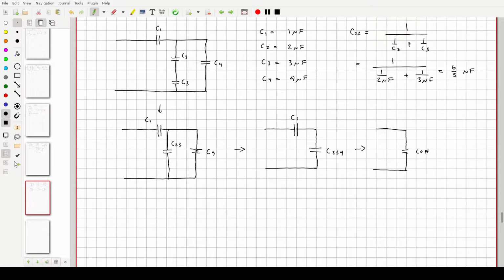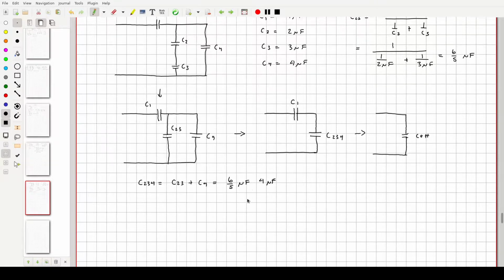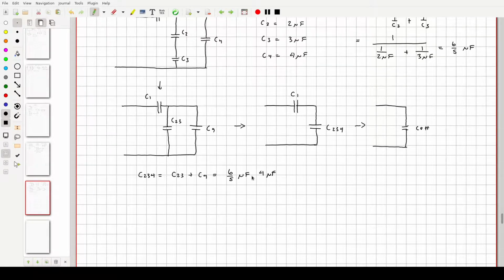Awesome. So now let's take these two right here and combine them into one to make C234. Well, C234 is what you get when you take C23 and you add it to C4. Well, C23 is 6/5 microfarads. C4 is 4 microfarads. The common denominator here is 20.